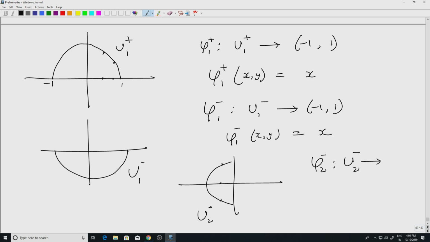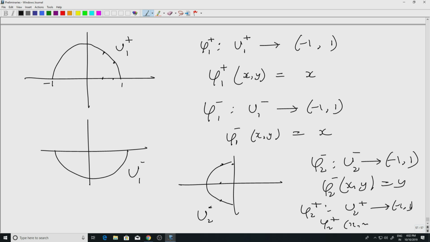So anything above and directly below will have the same x coordinate. But we just look at the y coordinates now. So anything here I can map to this point, and the range of y values is -1, 1 again. So phi2 minus of x, y is y, and similarly phi2 plus of x comma y is y. So even on the right side, I just take a point and look at the y coordinate. That's going to be my homeomorphism.